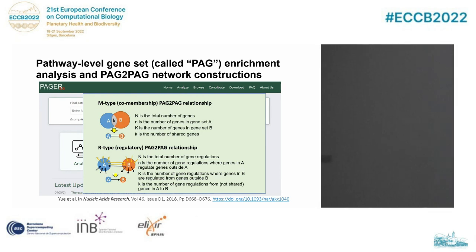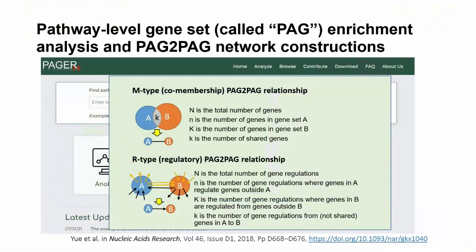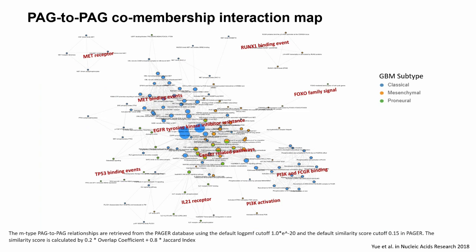You can read the papers to understand how we did it, but essentially, we do have those representations. So we can look for the enriched pathways and overlapping relationships to build a network that essentially tied all of these previous results together into a so-called PAG-to-PAG co-membership interaction map.